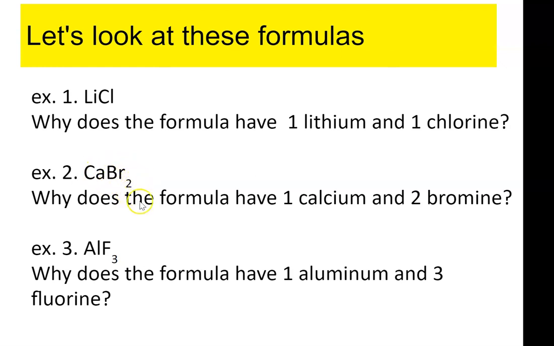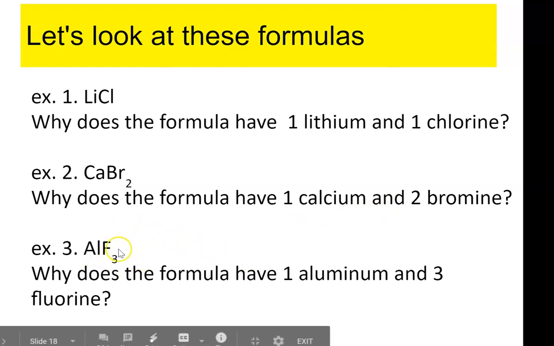But we didn't say anything about the number 2 when we said the name. We just called it calcium bromide. All right, so what is that 2 in there for? All right, and aluminum fluoride. Again, there's 3 fluorines in that formula and 1 aluminum. But we don't say anything about the 3. We call this aluminum fluoride.